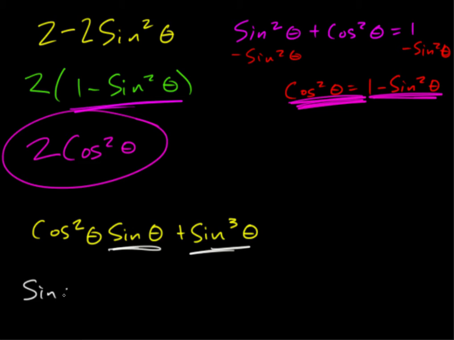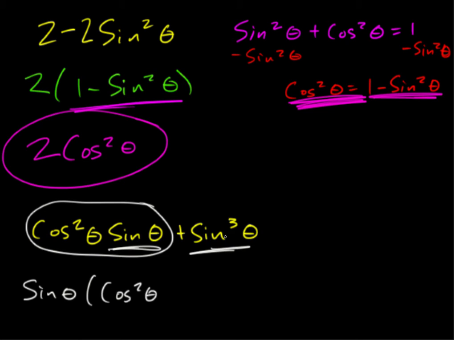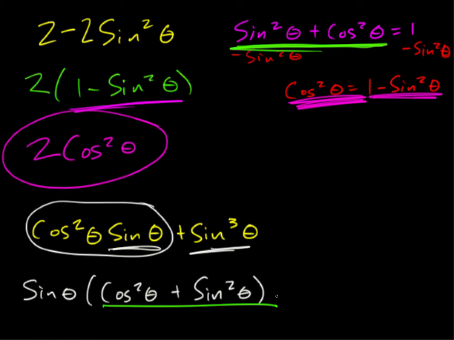So if we factor out a sine, right here we're left with cosine squared theta. If we factor out a sine here, we're left with sine squared theta. If we go back up here to the Pythagorean identity, we see that sine squared theta plus cosine squared theta is just 1. So I can replace that with a 1. And so sine theta times 1 is just sine theta.